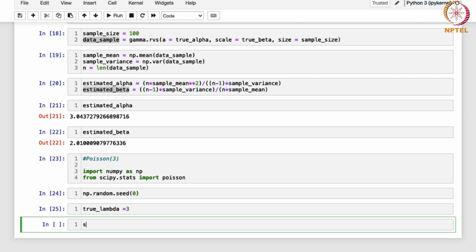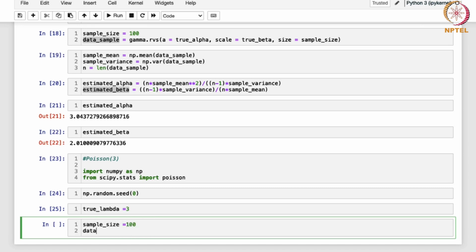Now we are going to generate a sample of size 100, and data sample would be Poisson dot rvs. Here mu would be your true lambda only, because it has only a single parameter. So size would be the sample size.